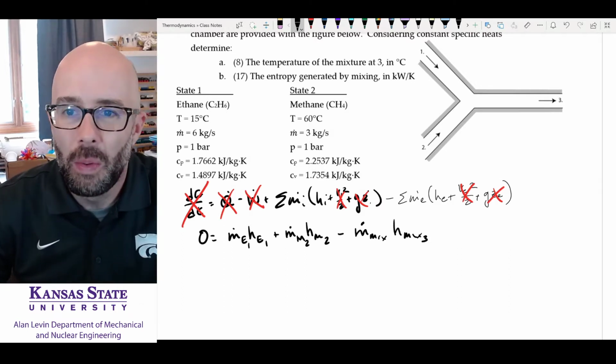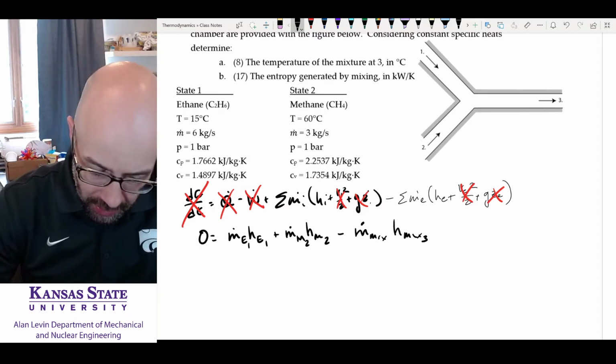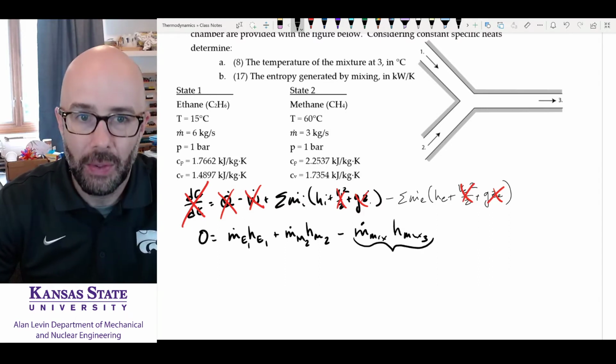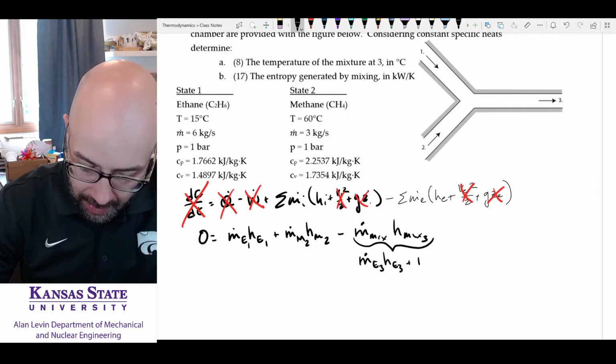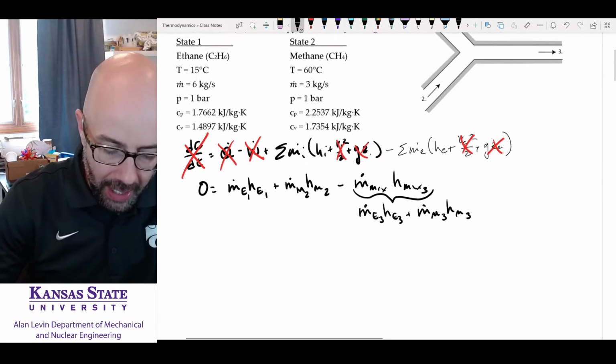Now, the mixture is going to be both things we've had there. So it's going to be the mass flow rate of the ethane at 3 times the enthalpy of the ethane at 3, plus the mass flow rate of my methane at 3 times the enthalpy of my methane at 3.